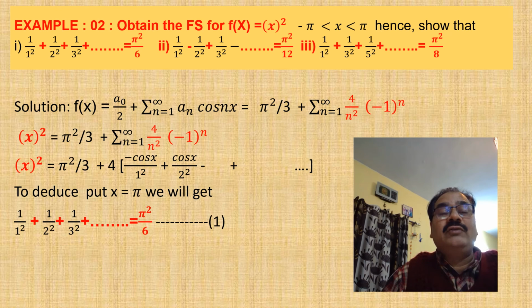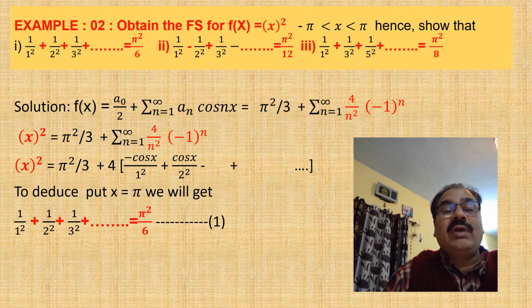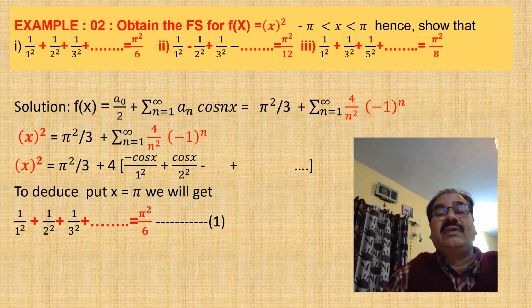Now you can put different values of n here, because you know the Fourier series means this into cos nx. Here you must mention this is cos nx.